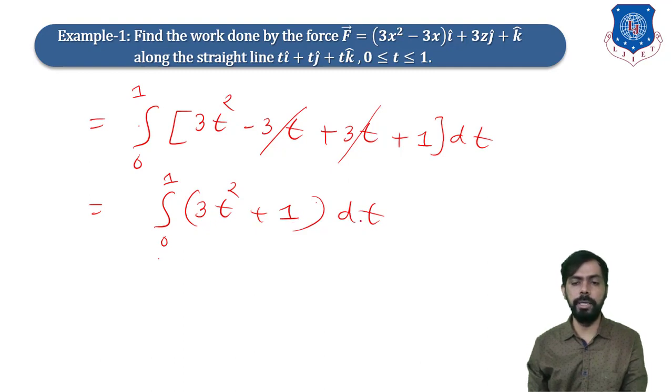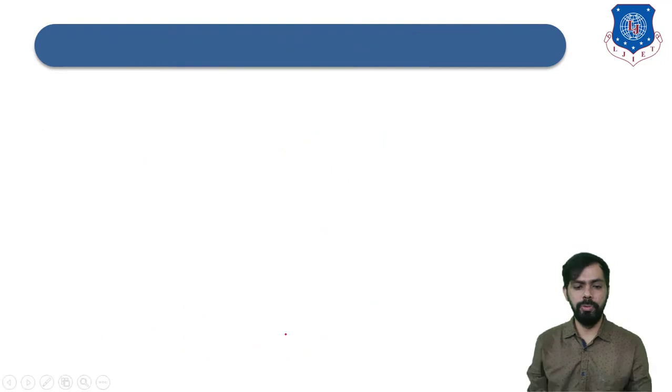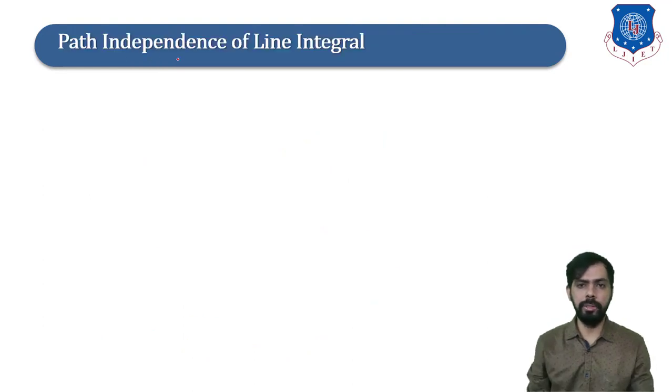So this will be 3 into t cube divided by 3, with limit from 0 to 1, plus t with limit from 0 to 1. First we replace t by 1, then minus we replace t by 0. So the 3 cancels out, and here 1 minus 0 is 1, plus again 1 minus 0 is 1, so 1 plus 1 will be 2. Therefore work done will be 2.